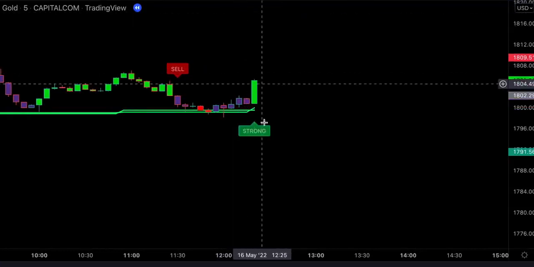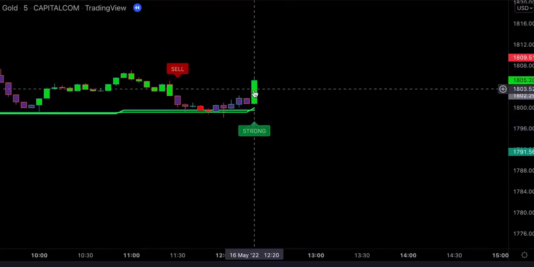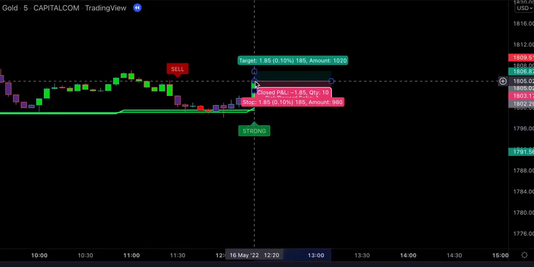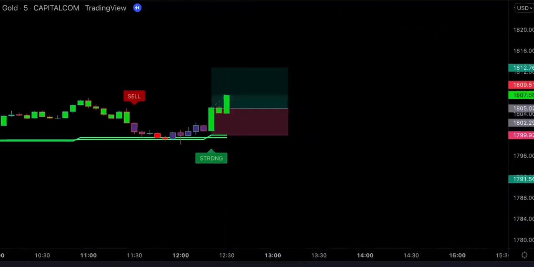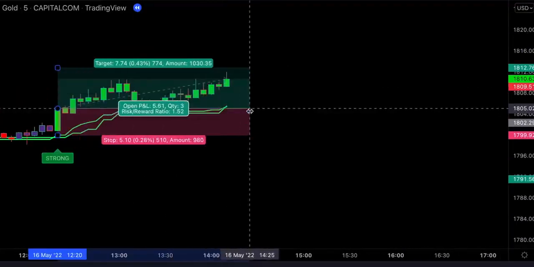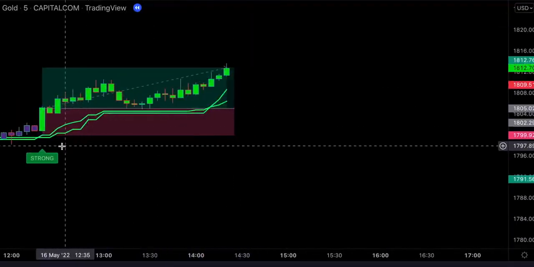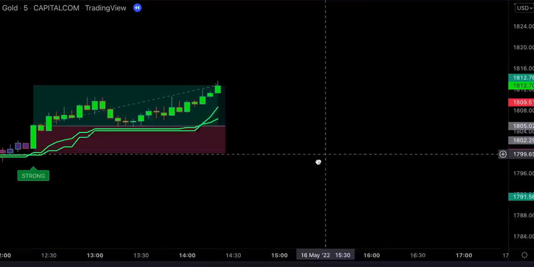Alright, so here we see we've got a strong bullish signal, and this signal is confirmed. If the distance between your entry price and the recent lowest price is significant, you can place your stop loss at one of these lines. Okay, we see this trade turned out to be successful as well.